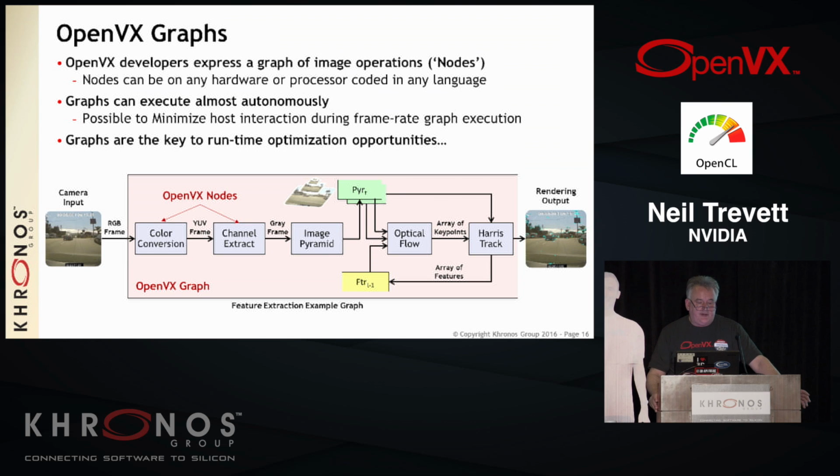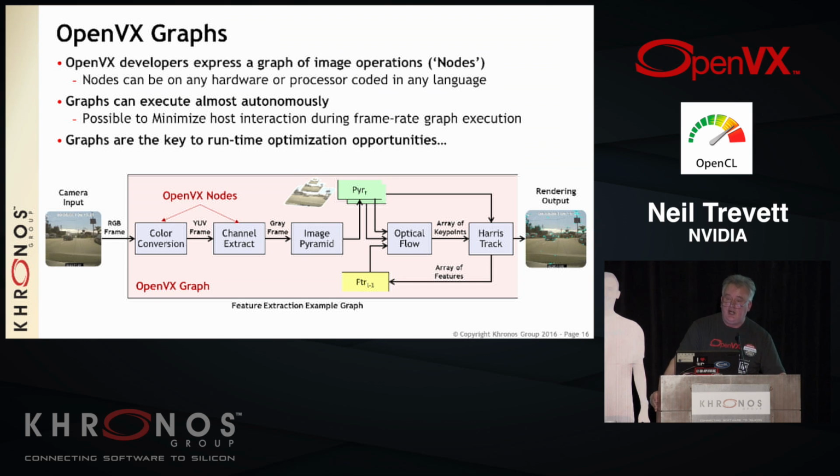And the key construct that OpenVX has to enable that is a graph. Vision processing fits naturally into a graph construct. So in an OpenVX application, the API lets you construct a graph of OpenVX nodes. There's a menu of OpenVX nodes, and that menu is extensible, just like OpenGL and Vulkan.